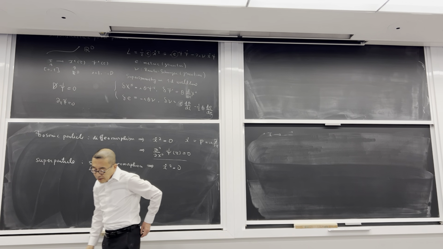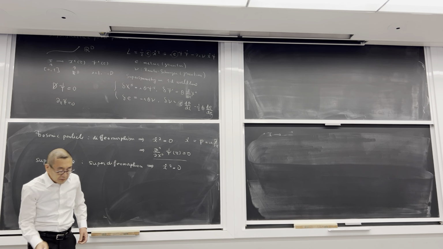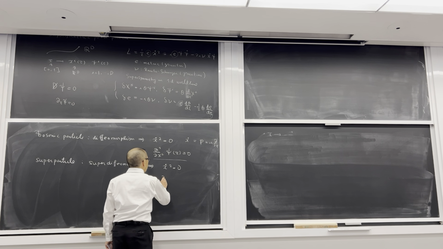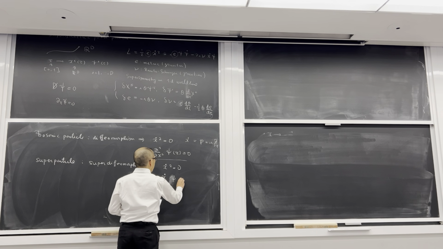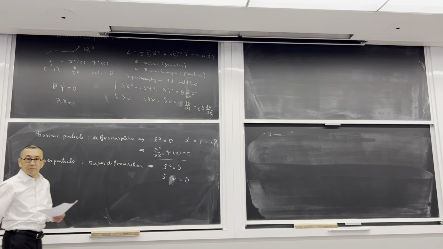So this gives rise to an additional constraint, which is x dot psi is equal to 0.